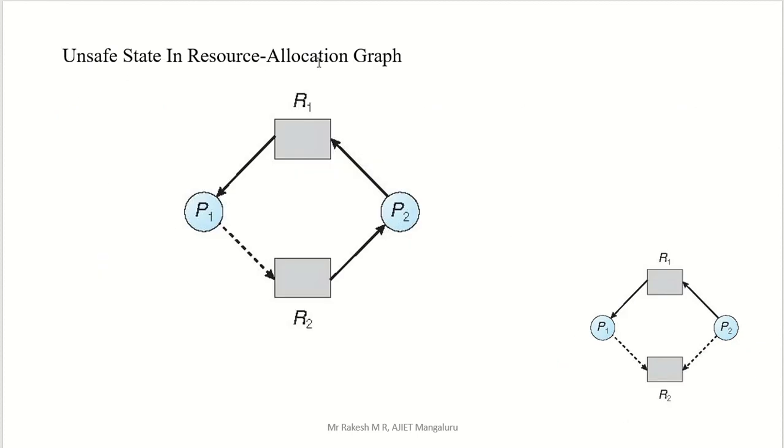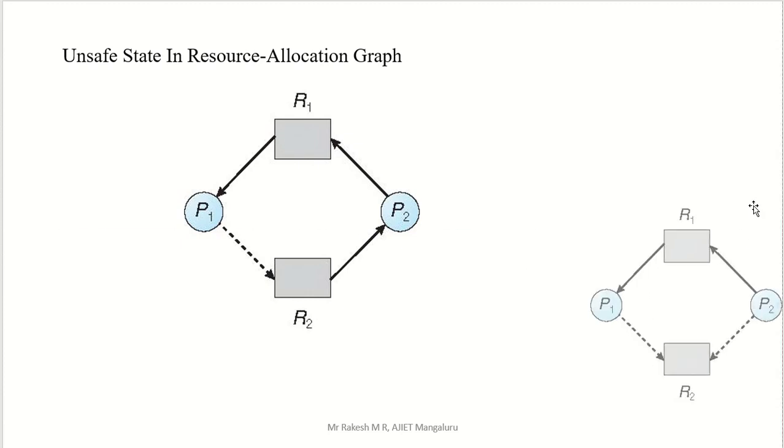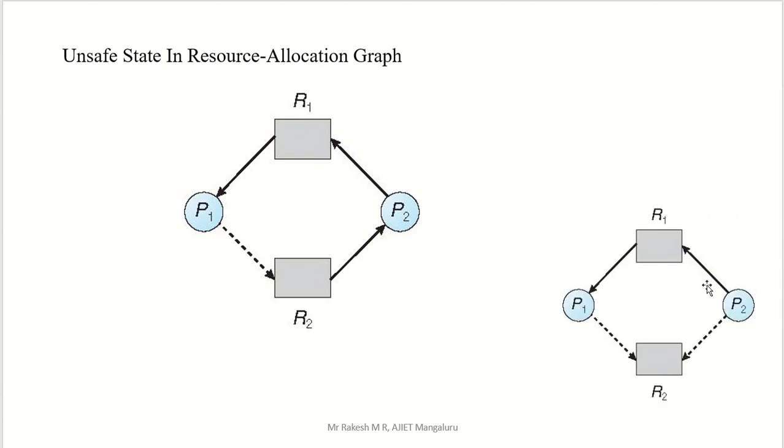Unsafe state in the resource allocation graph. This is the diagram we saw in the previous one. See this and this diagram. Here R1, R2, P1, P2. That concept we saw in the previous one. Here R1 and P1: what is this line?